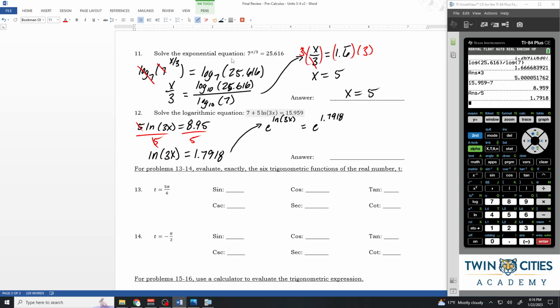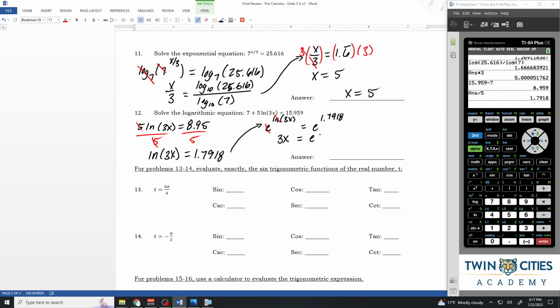And similar to number 11, if I've got a logarithm and the base of that matches the base of this exponent, here this is e, and the natural log is log base e, these two undo each other, leaving just the 3x.